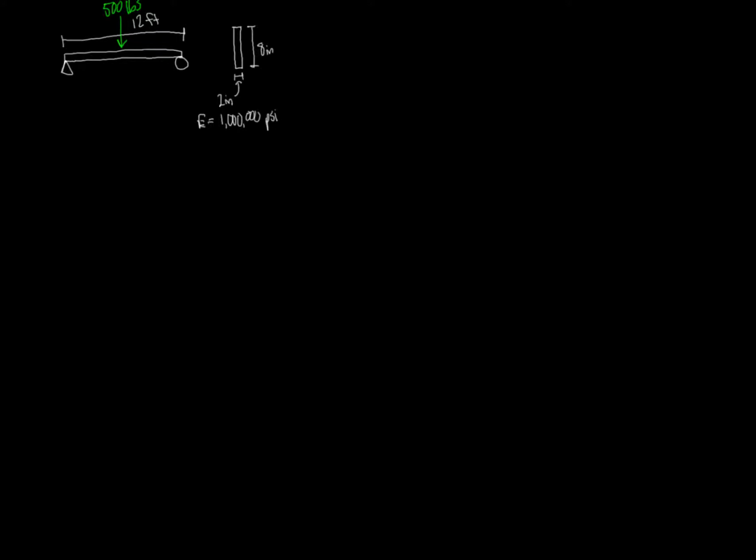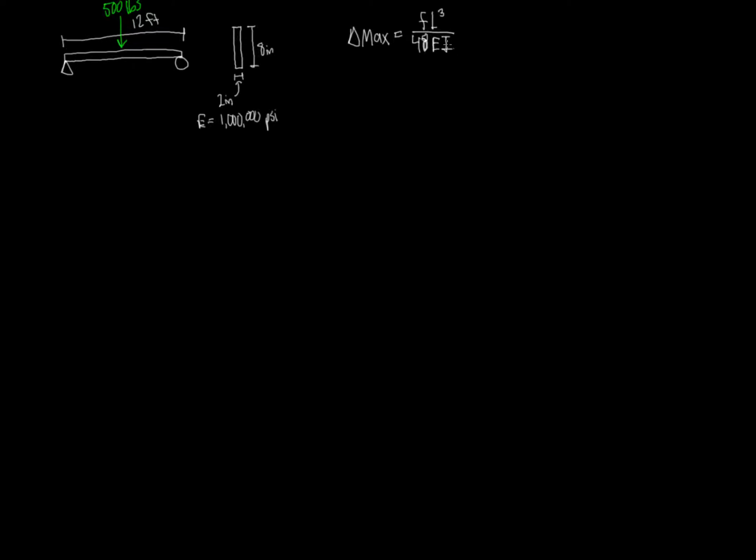So what we need to do is we have a formula that looks like this. It says delta max equals FL cubed over 48 EI, where F is the force, L is the length, 48 is a constant, E is the modulus of elasticity, and I is the moment of inertia.